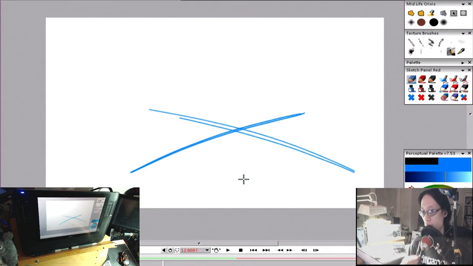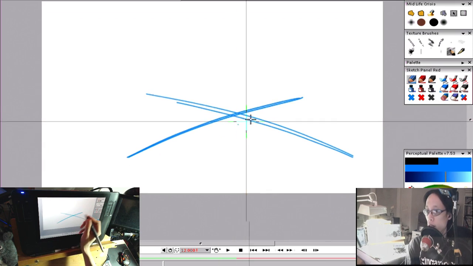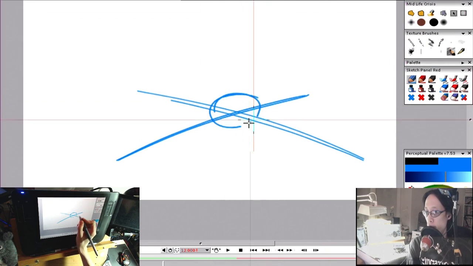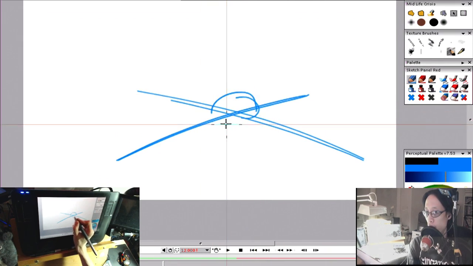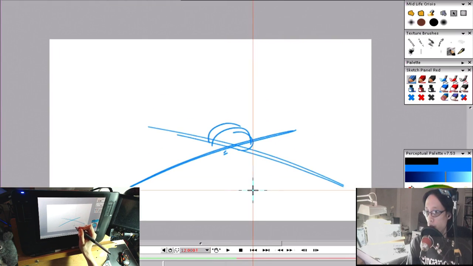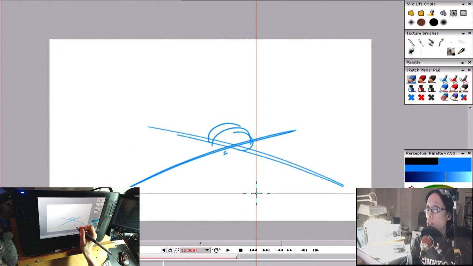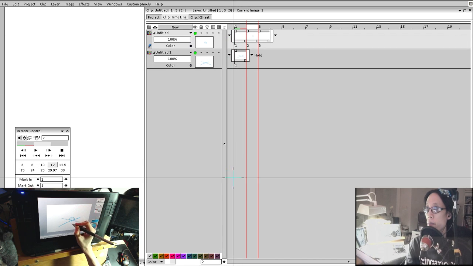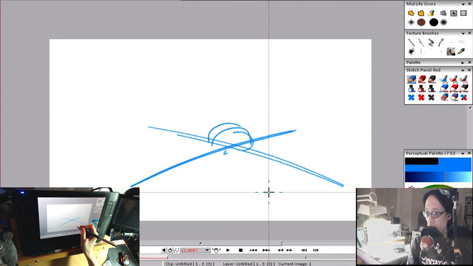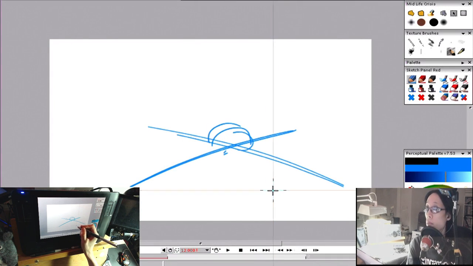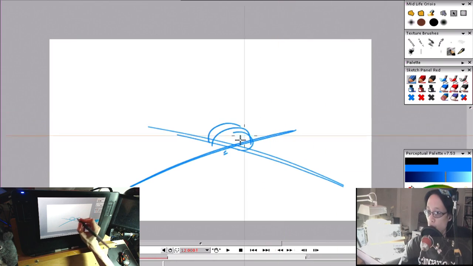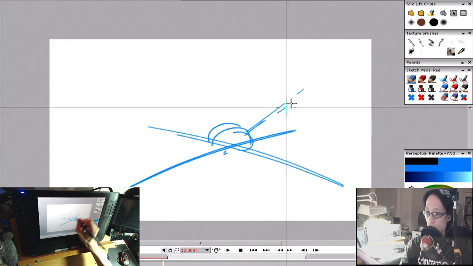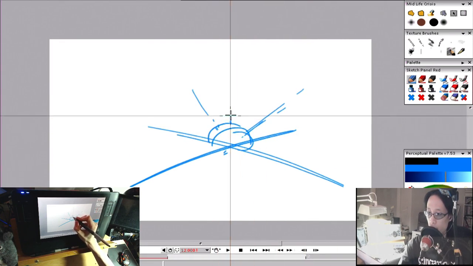Yeah, let's just set off a little explosion. So first frame. Actually, I should start with a blank frame. Okay. Let's get a few light rays shooting out of this thing.